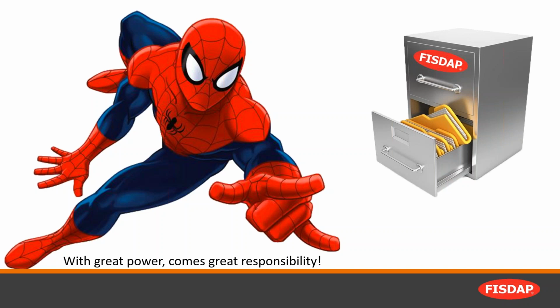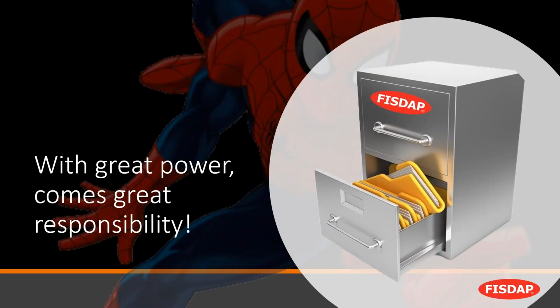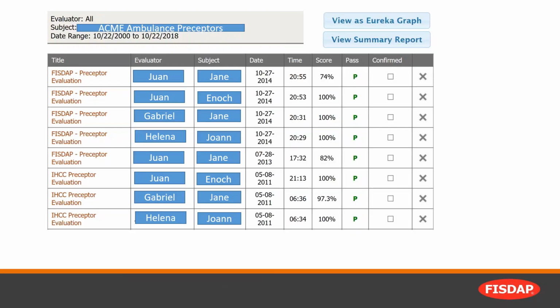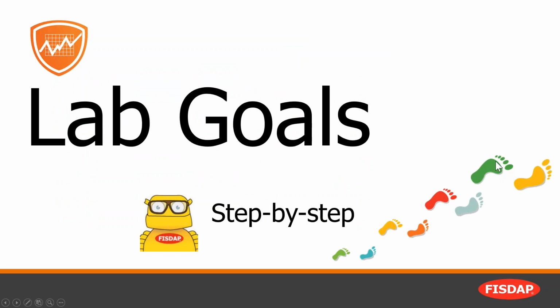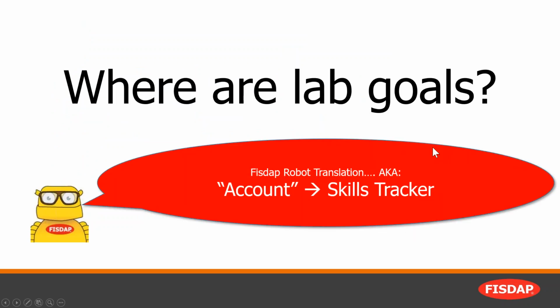It's a different filing cabinet in Fisdap. It does not keep track of complaints, etc., in the graduation report, and you need to run a specific report that's just on evals in order to see the skill sheets and whether or not there's passed or failed, confirmed, etc. So I need people to remember that as we describe what the lab goals are.